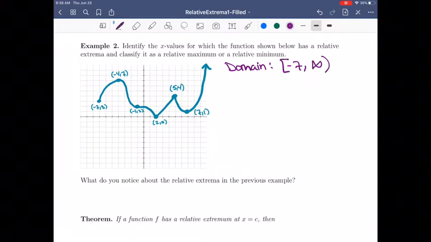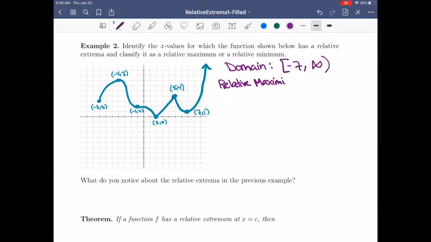Now we want to think about where we would have a relative maximum. It looks like at x equals -4 this point is the biggest y value in a neighborhood that surrounds -4. It's the biggest in its region.